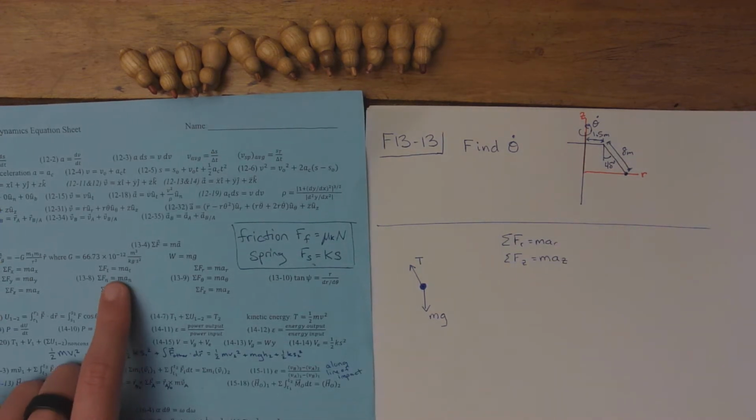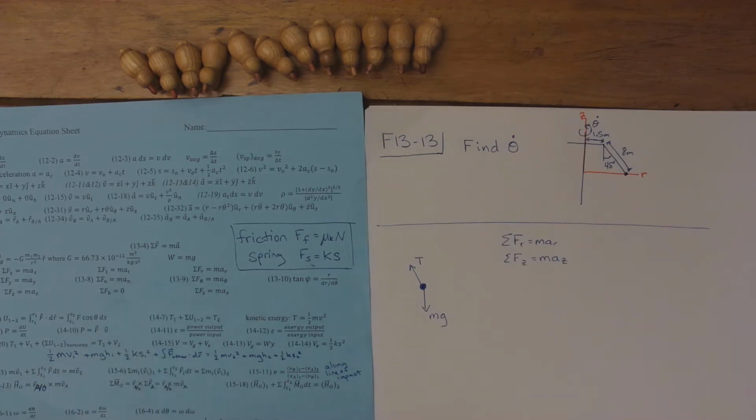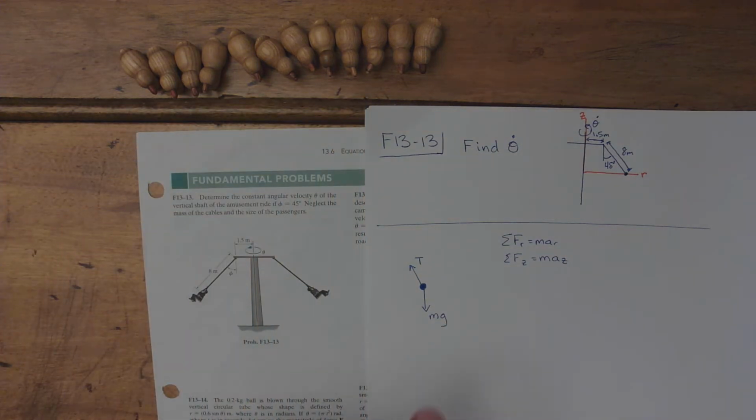And just like when we did the normal and tangential components and the binormal, we have three equations here, but generally we only need two out of the three equations. So in this case we're doing radial and z. That means I need to break up the force of tension into a radial component and a z component.